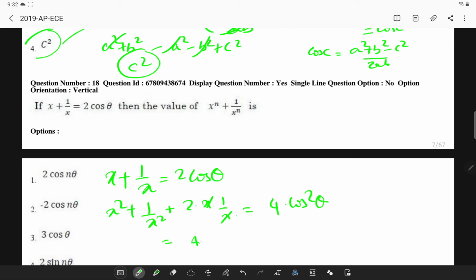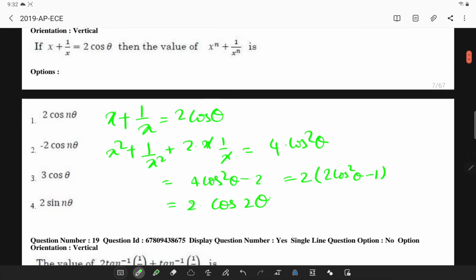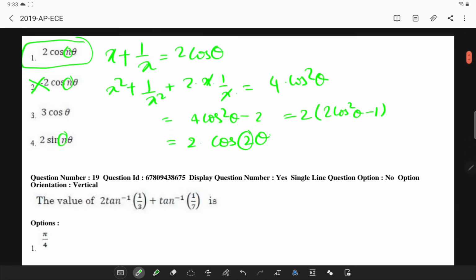So I can simply write it as 4 cos square theta minus 2, or if I take 2 common, 2 into 2 cos square theta minus 1. So this is nothing but 2 into cos 2 theta. If you see the generalization, I am trying to see the options. So it is x to the n plus 1 by x to the n, and the general solution will be something like this.